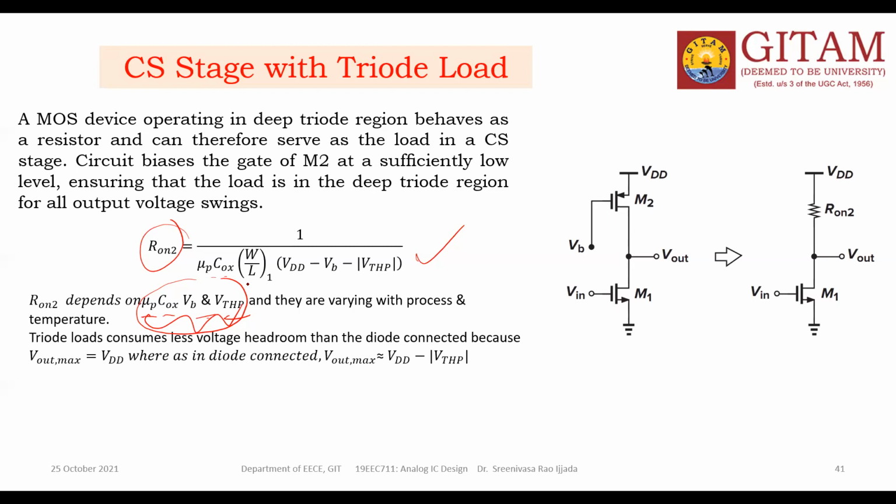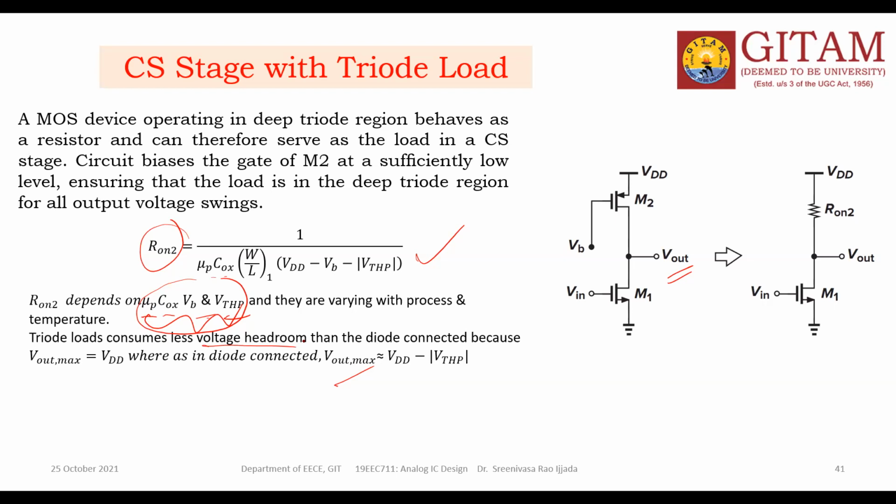Triode loads consume less voltage headroom than the diode connected load because of V out max. The maximum voltage here is equal to VDD, whereas in the diode connected load, the maximum output voltage is equal to VDD minus what? Threshold voltage of the device. This is called the headroom. Voltage headroom means the amount of extra voltage we are using. The voltage headroom of this CS stage with triode load is small compared to the diode connected load.